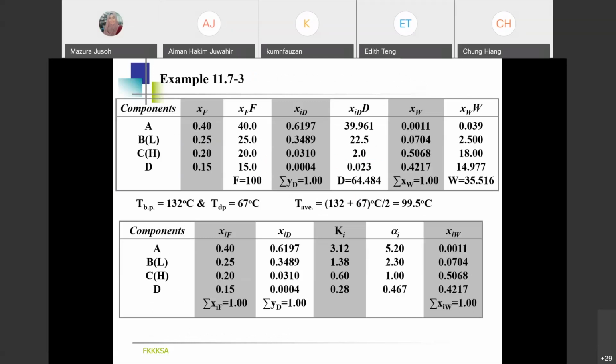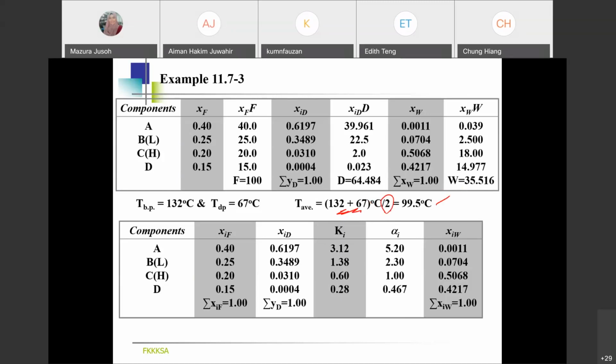First, you have to assume a temperature between the boiling point and the dew point that you found. In the previous part of the question, you found the dew point as well as the boiling point. Now you take the value in between: you add those two values and divide by 2, and you will get 99.5.